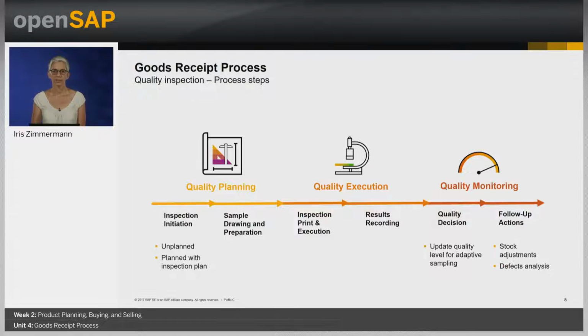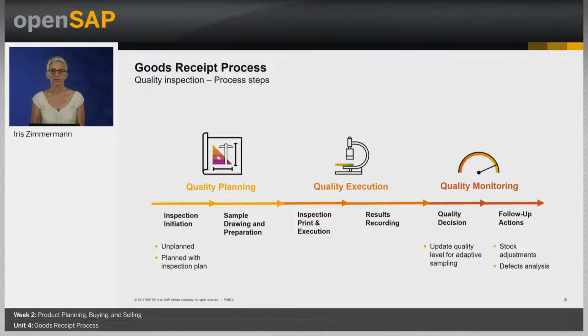The steps of an inspection process are displayed here. It can be embedded via the logistics model, not only in the goods receipt process, but also in the customer returns processes or in production. An unplanned quality inspection can be manually initiated to document an unexpected issue so that the quality engineer can have a look and decide on further usage.